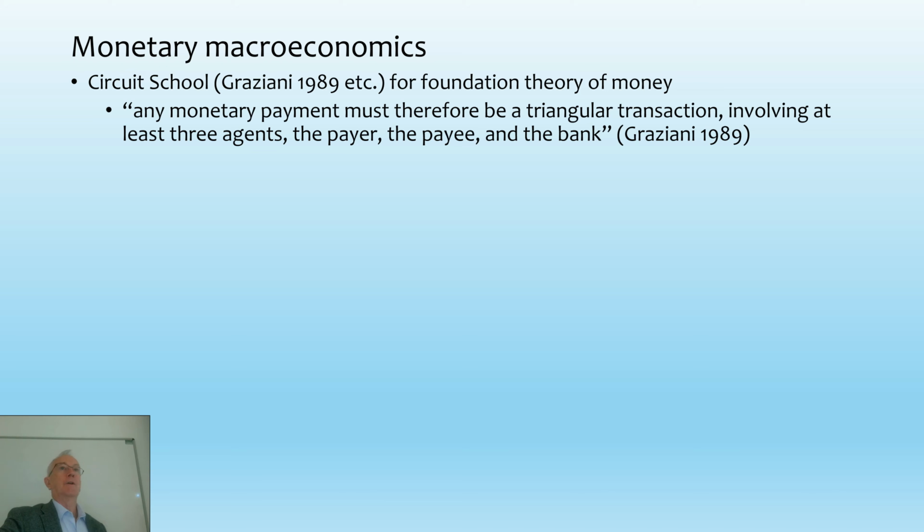Graziani derived what a monetary economy must be from effectively logical first principles, saying if you're using a commodity as money, you're still in a barter system. Okay? If you say there's a money commodity, all you're saying is you're labeling one of those commodities as the intermediate. You're still working with a barter system.